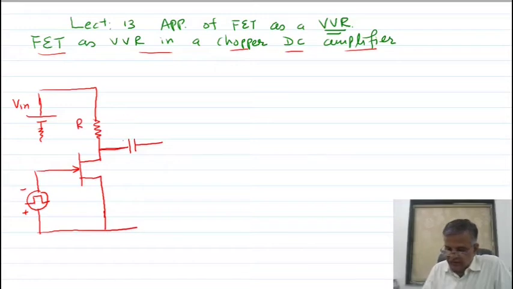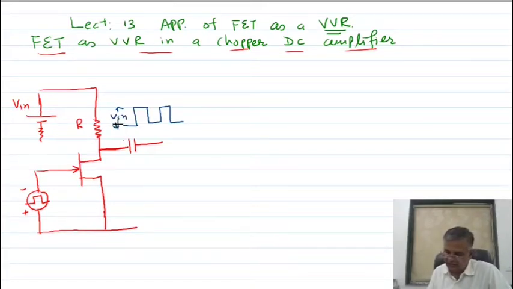Here you will get such kind of waveform. This voltage is nothing but the V in.